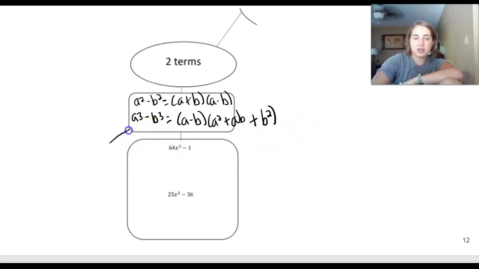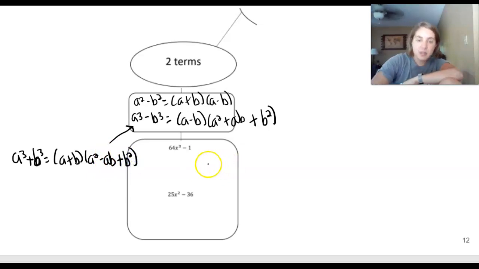And then we'd want to add that. And we're going to go ahead and do these two.